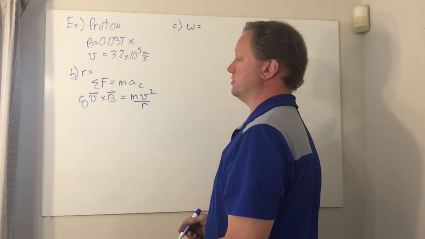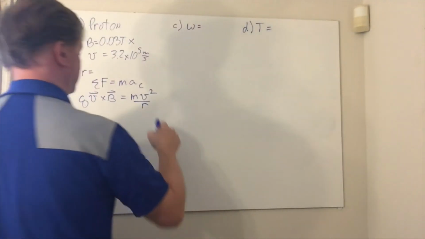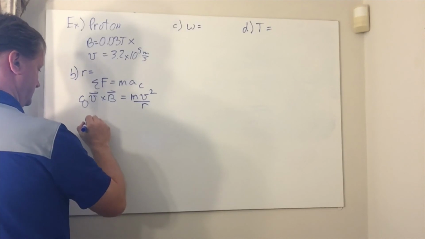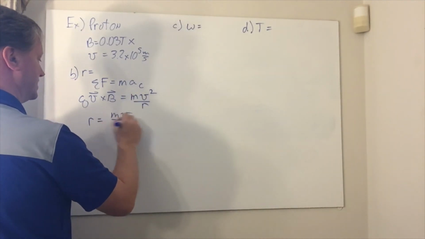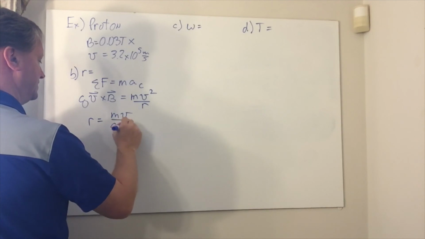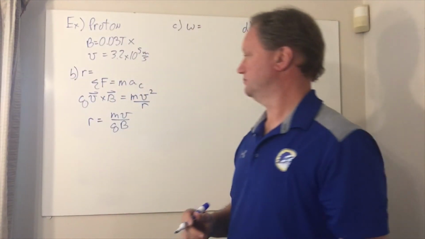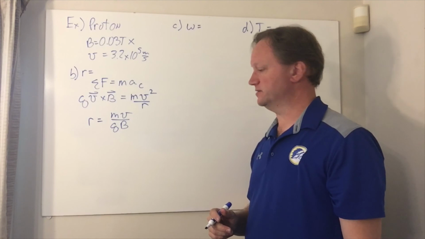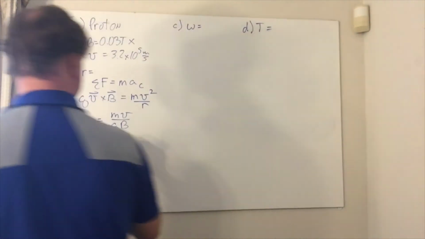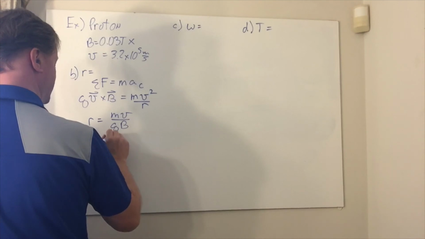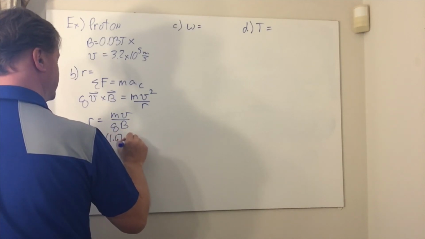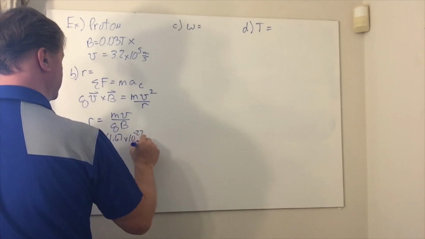And then if I'm solving down for the radius, I'm going to bring the radius up. I'm going to have an MV left on the right side, and then a QB will divide over to the denominator. So then plugging values in here, this is a proton, so you have from your constant sheet the mass, 1.67 times 10 to the negative 27th kilograms.